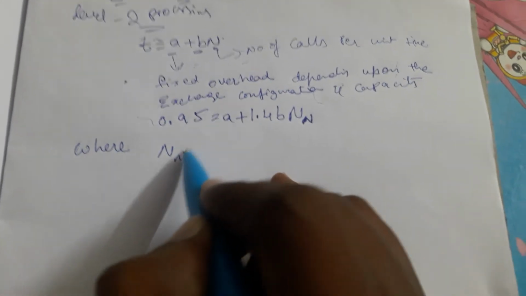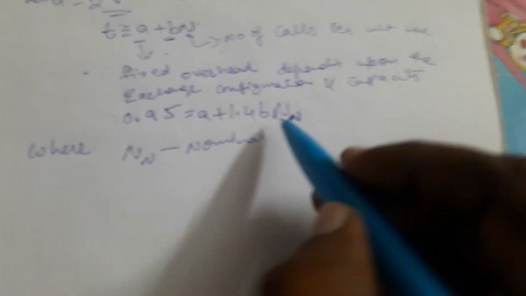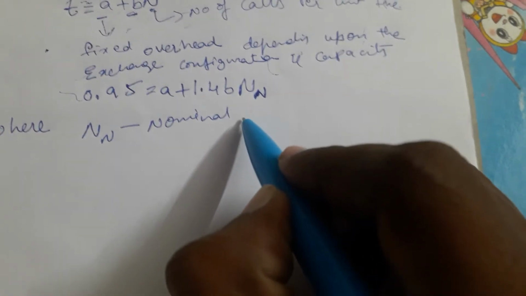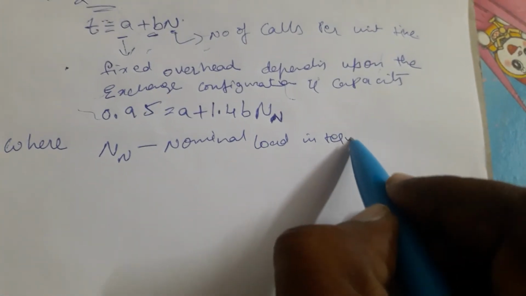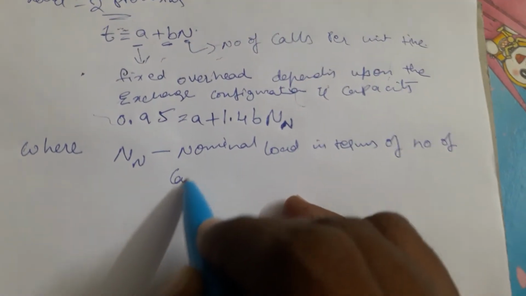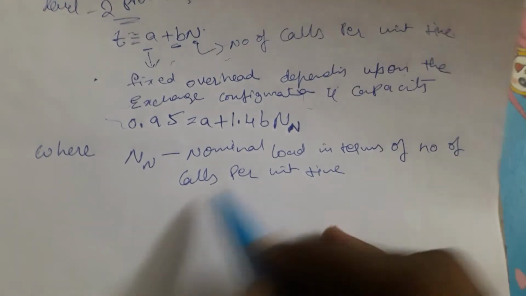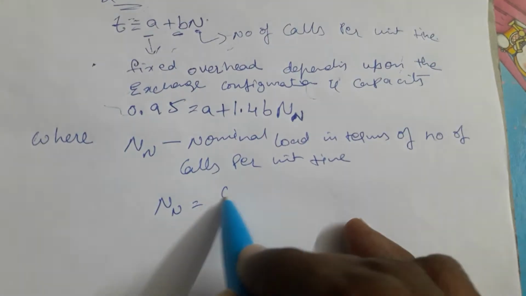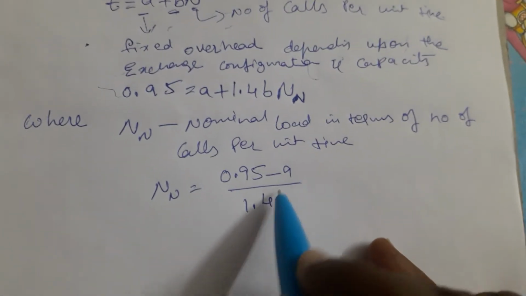Where n is the nominal load in terms of number of calls per unit time, where n is equal to 0.95 minus small a by 1.4 b.